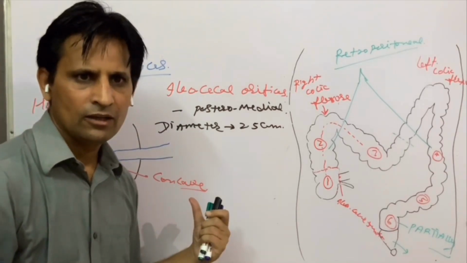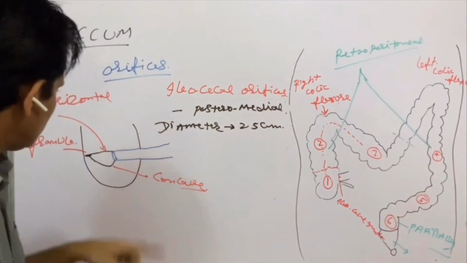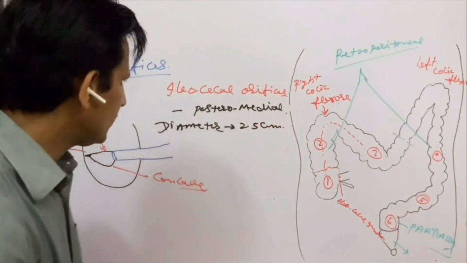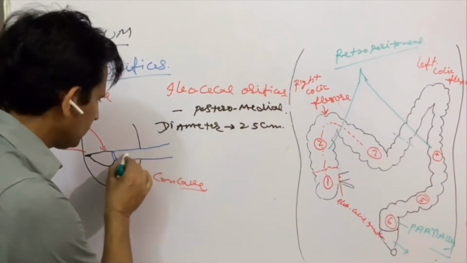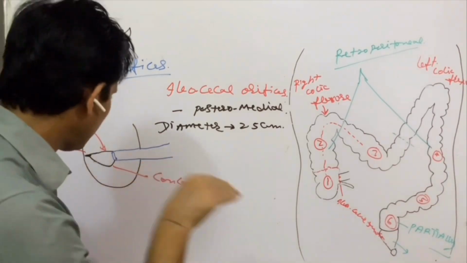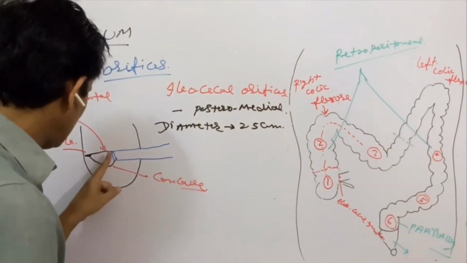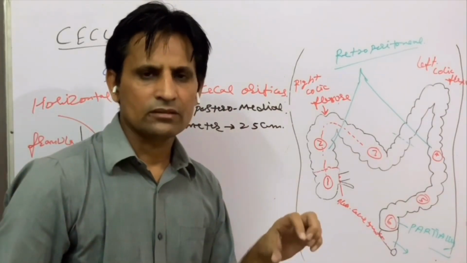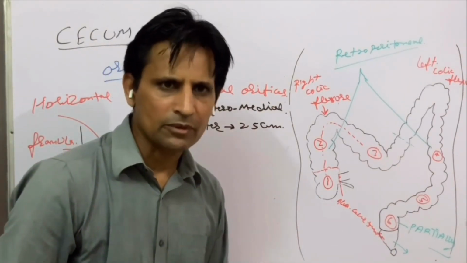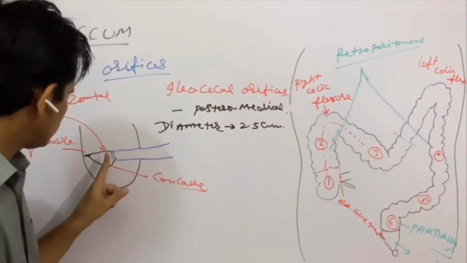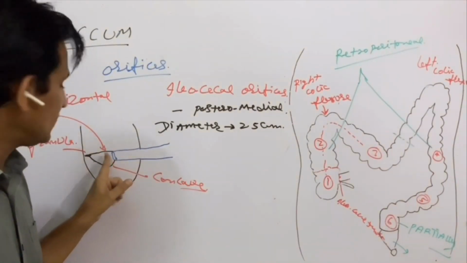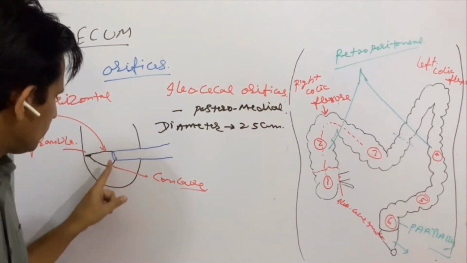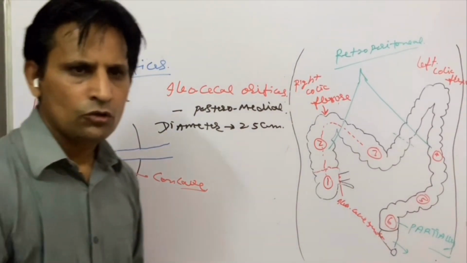This is the frenula. The basic things we should know about the ileocecal orifice: the ileum goes inside the cecum, and here there is a special valve made up of sphincter muscle. This is guarded by a sphincter muscle wall, and this sphincter contains two lips.